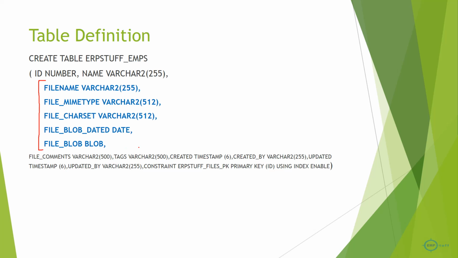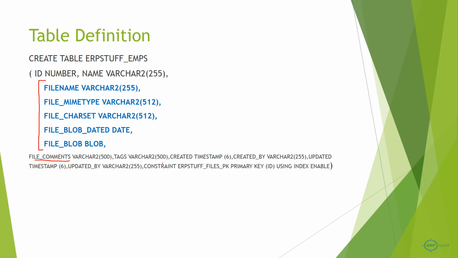I'm not highlighting the other parts of the table because your table might be different from this one. If you see here, you can even have file comments, but that is your choice. I just added it here if you want to put some comments for the file, but it is not a part of the file upload.